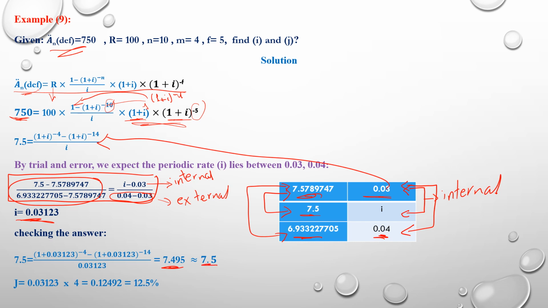So i is equal to 0.03123, and j equals i times m. So by substituting the value of i and the value of m, which is 4, we get j, and this equals 12.5%.